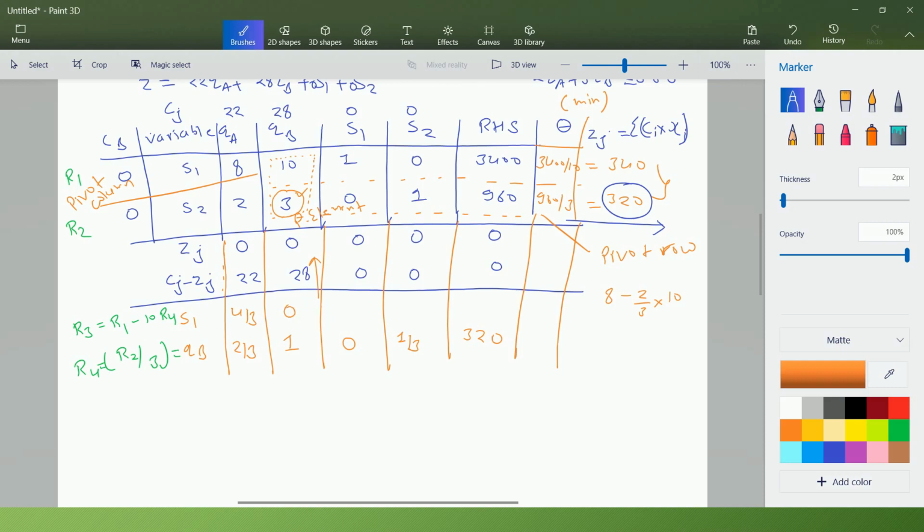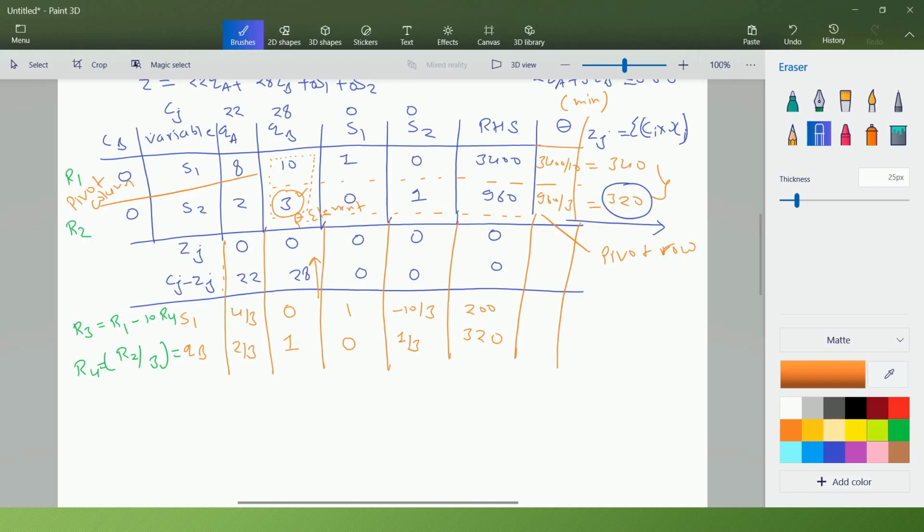Here I will get 1 minus 0, then I will get minus 10 by 3, and here I will get 3400 minus 320 times 10, so I will get 200. Okay, let me just erase this.